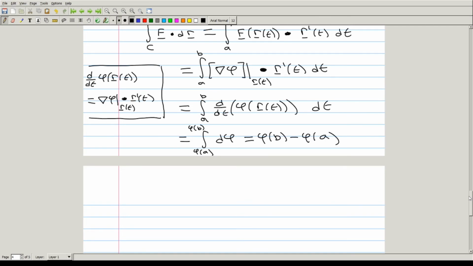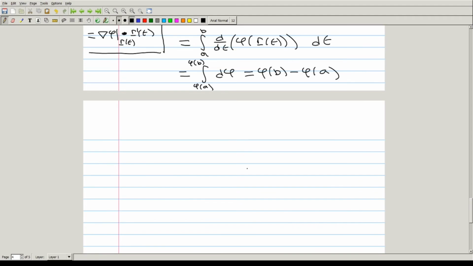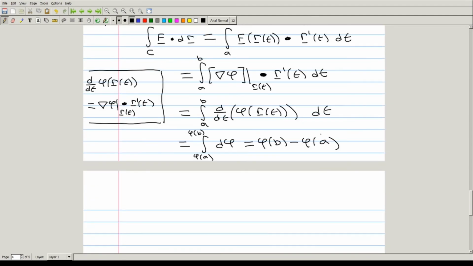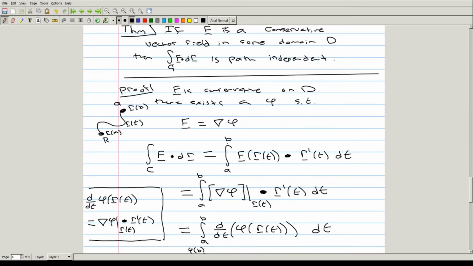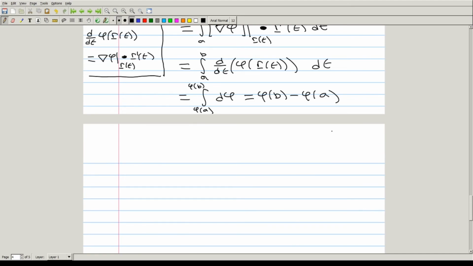And since this phi has to be a differentiable function in order for f to be a continuous vector field that's equal to the gradient of phi, that means that if you evaluate this on a closed path, so this is just on an open path, and this alone is very interesting.